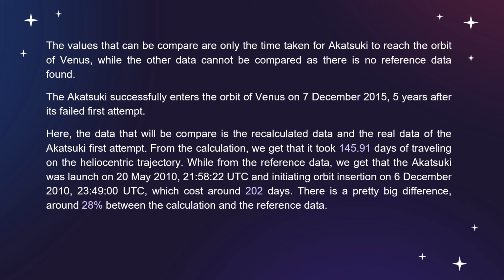From the calculation, we get that it took 145.91 days of traveling on the heliocentric trajectory or the transfer orbit trajectory, while from the reference data, we get that the Akatsuki was launched on 20 May 2010 at 21:58:22 UTC and initiated orbit insertion on 6 December 2010 at 23:49 UTC, which cost around 202 days.